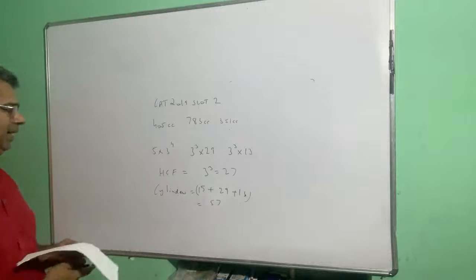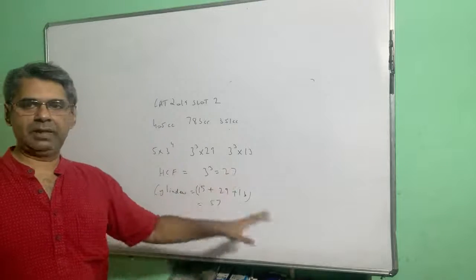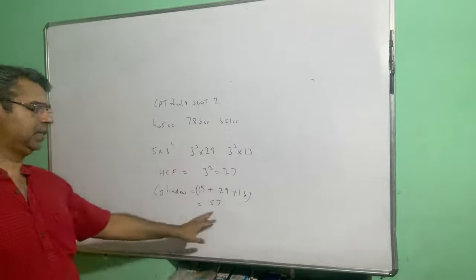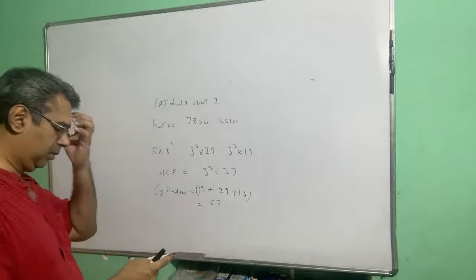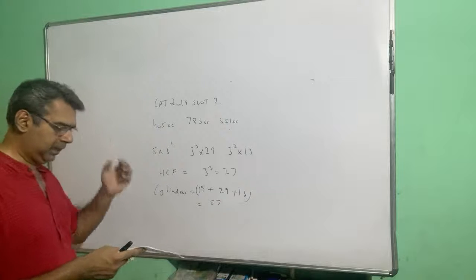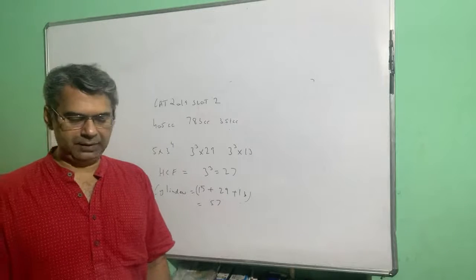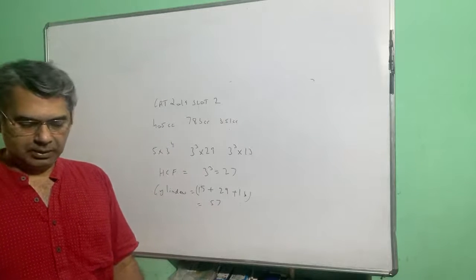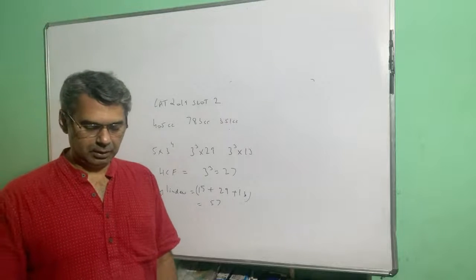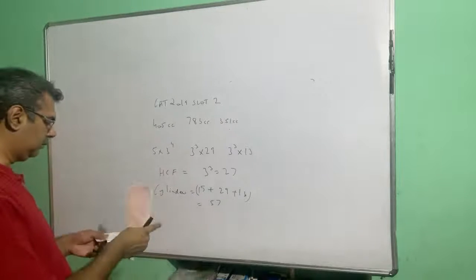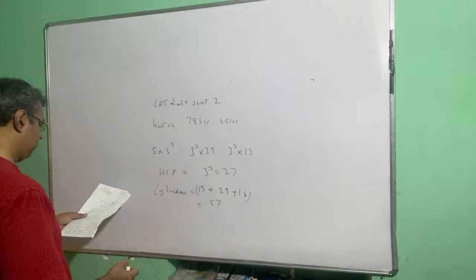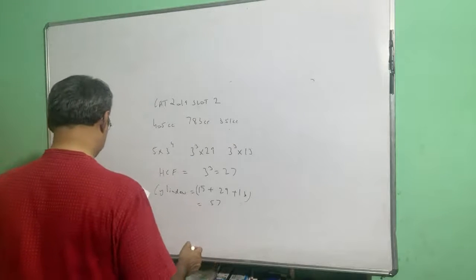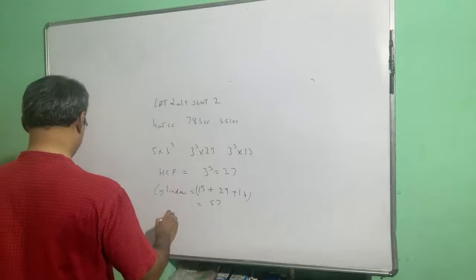So you have to make identical cylinders, each with a volume of 27, and there will be 57 of them. Now the question was: what will be the total surface area of all the cylinders? To attempt this question, you will have to say like this.